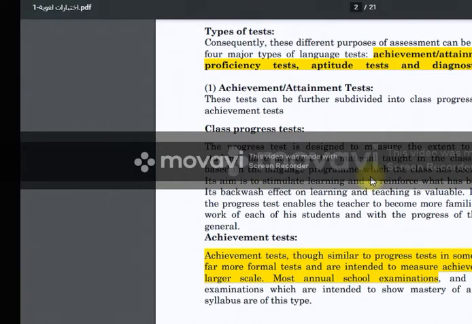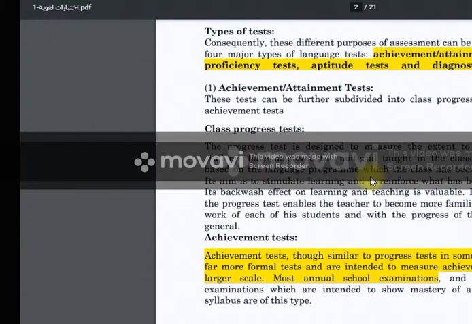So how do you differentiate between achievement test and proficiency test? Okay, sir, achievement test is related to a specific syllabus, while the proficiency test does not relate to any specific syllabus, and it assesses the students' ability for future learning.